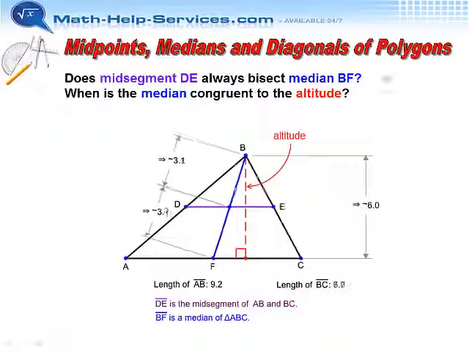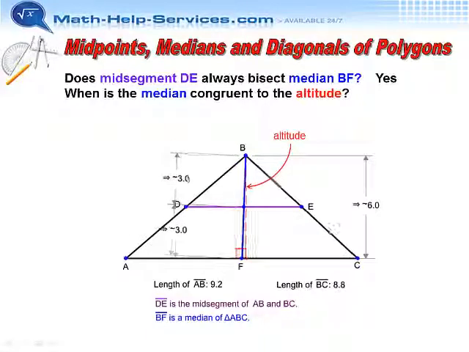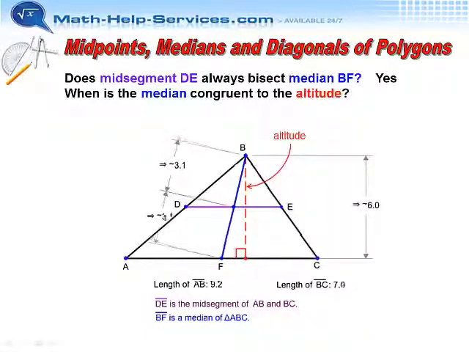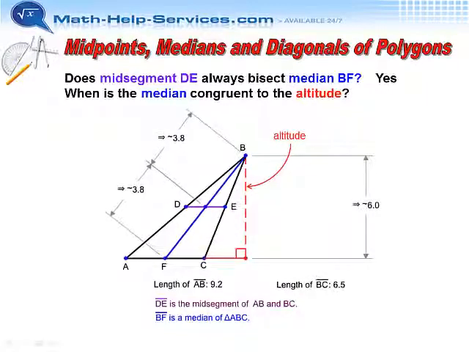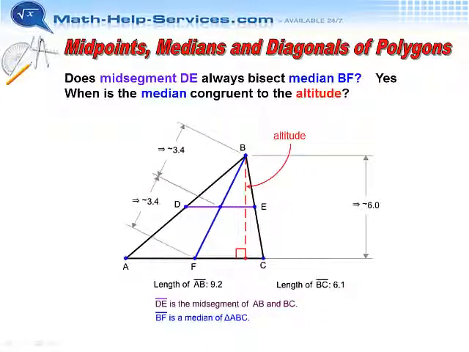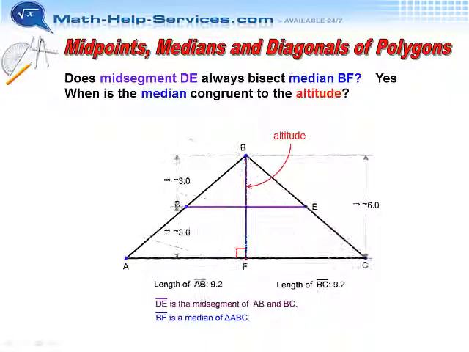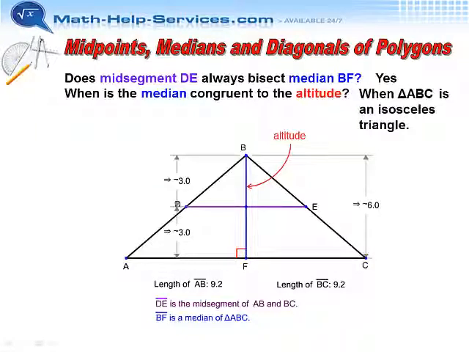So on the first one, yes, midsegment DE always bisects the median BF. And for the second question, the answer is when triangle ABC is an isosceles triangle.